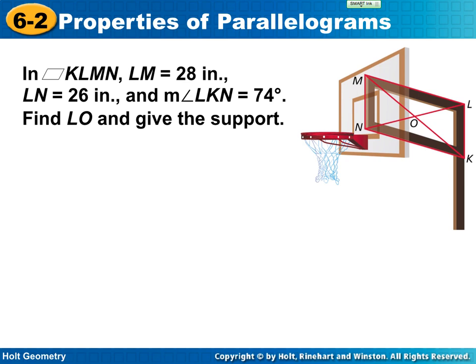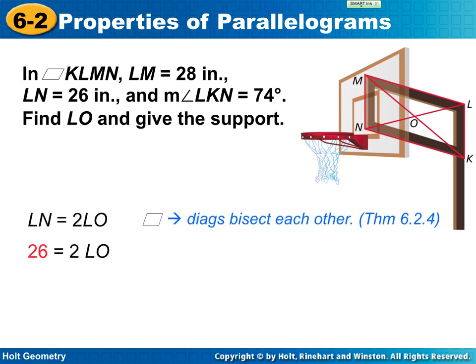Support? No. Length isn't right. Actually, your length wasn't right. The theorem's right, but not the length. It was theorem 624, diagonals bisecting each other, and LO was half of LN. So 13 was the correct length.